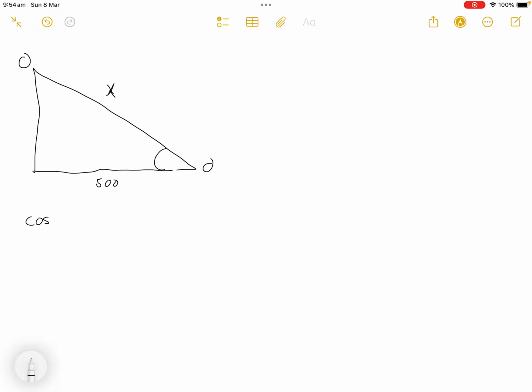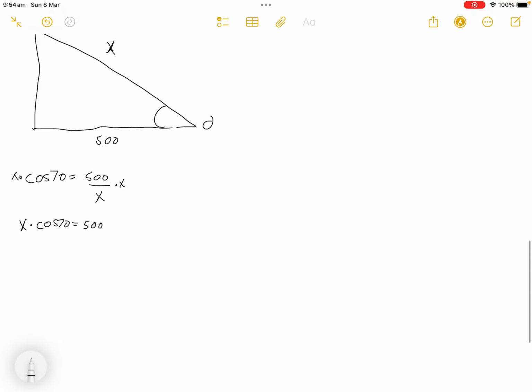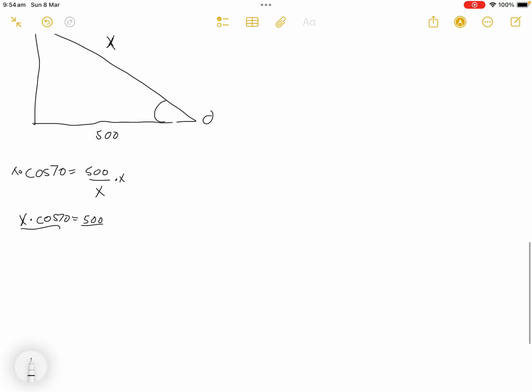So we're going to use cosine. Sorry guys, it should be cosine of 70 equals 500 over x. Multiply both sides by x. Now to clean this up, we can divide both sides by cosine of 70.